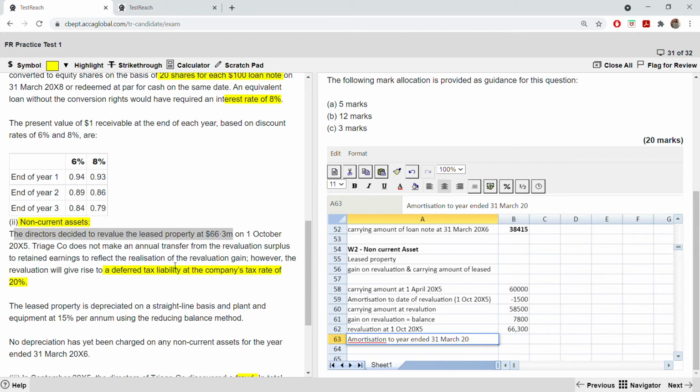That's what the requirement asked you. How much will it be? You need to do working here. Equal to, so this is the revalued amount. On this you divide it by how many years?